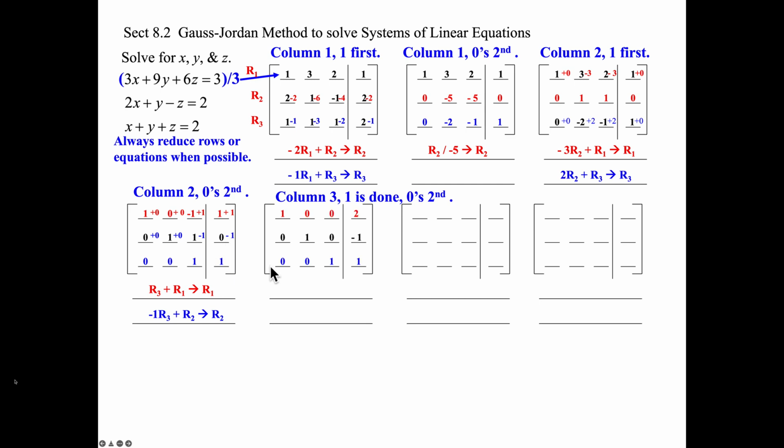Crunch the numbers. There we have it. 1, 0, 0, 0, 1, 0, 0, 0, 1. There is my reduced row echelon form. So x equals 2. 1y equals -1. 1z equals 1. That's my solution.